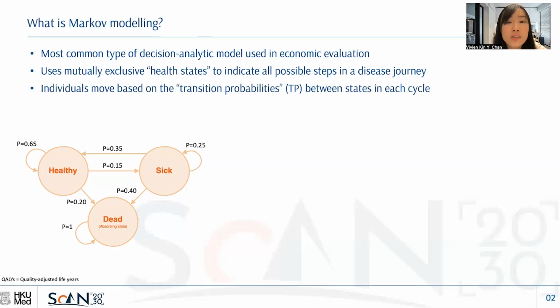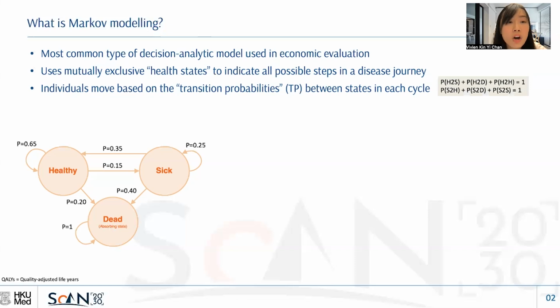For example, if our cycle length is 1 year, it means that among the healthy patients, 15% of them will get sick and 20% of them will die in a year, while 65% of them will remain healthy in a year. These probabilities are usually referenced from the current literature or computed using real-world data.